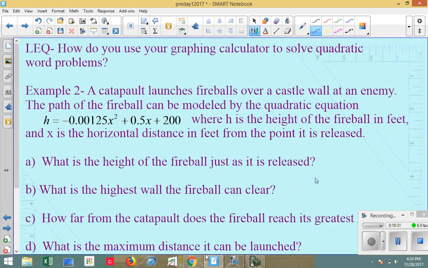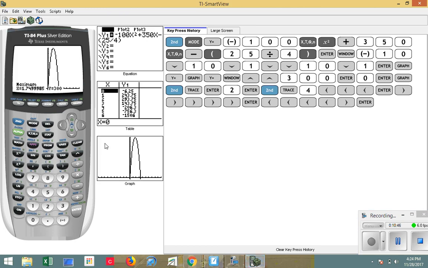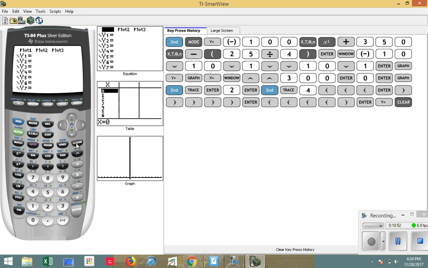Now let's try this equation. We also did this one previously. We have this catapult. So I'm going to enter that equation into my y equals in the calculator. I'm going to go back to y equals, and I'm going to clear that. That's the easiest way, just clear it and write the next equation.